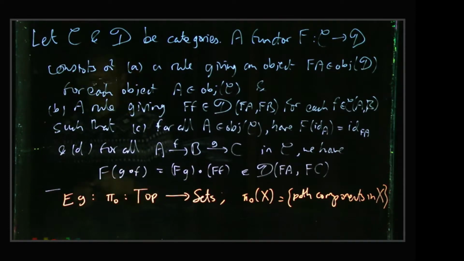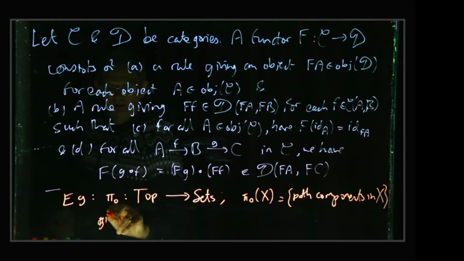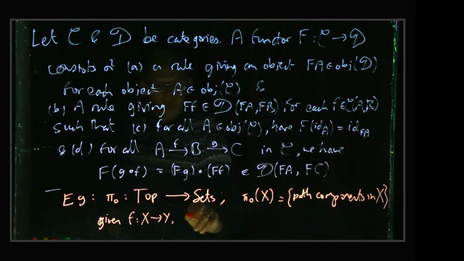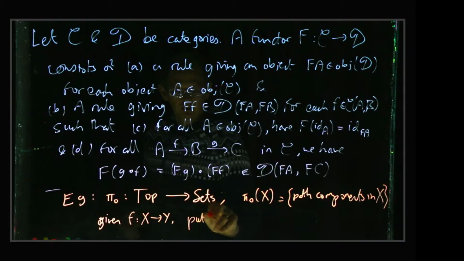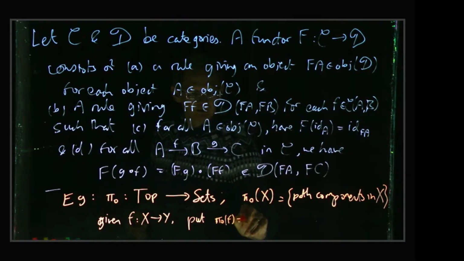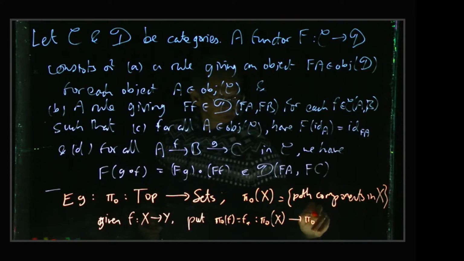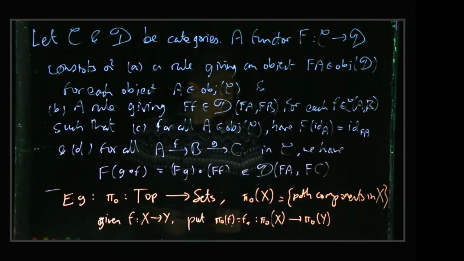And pi0 f, given f from X to Y, we're supposed to have a map from pi0 X to pi0 Y. And we kind of did this already.